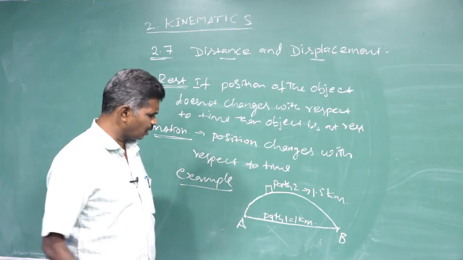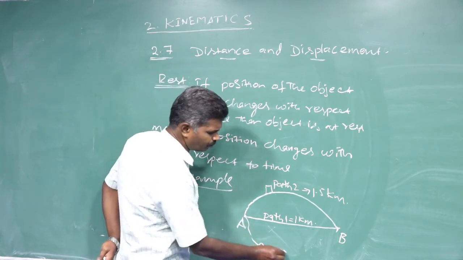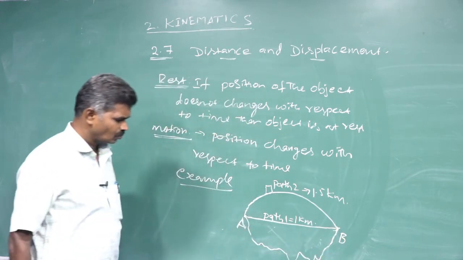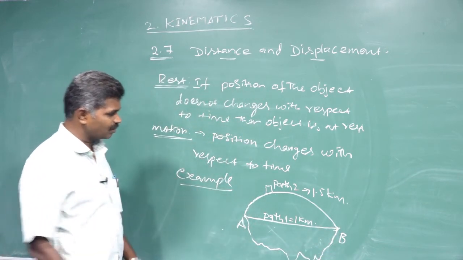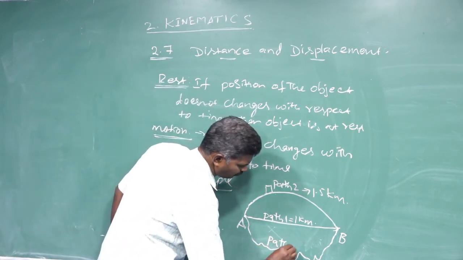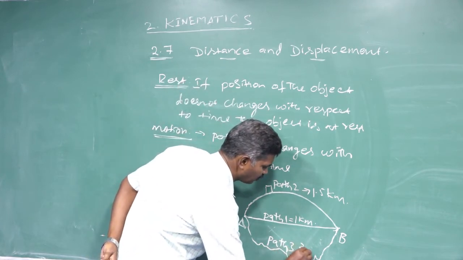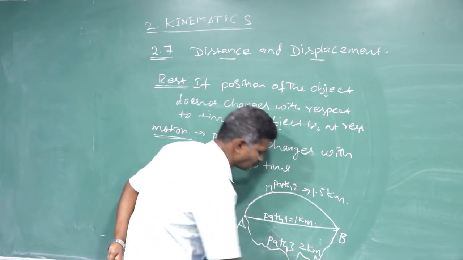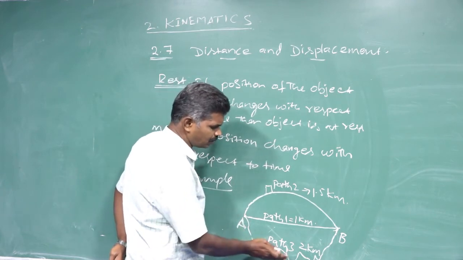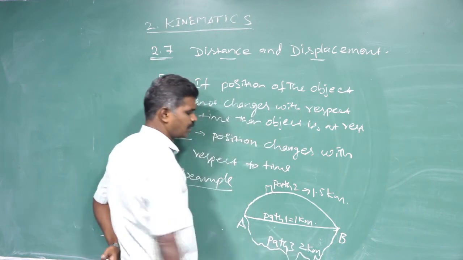Then we have another path. It may be a different shape, not a uniform shape, a zigzag shape. This is path 3. Its length may be, for example, 2 kilometers. He travels this path because there is one shopping shop there, and for that purpose he wants to purchase some materials.